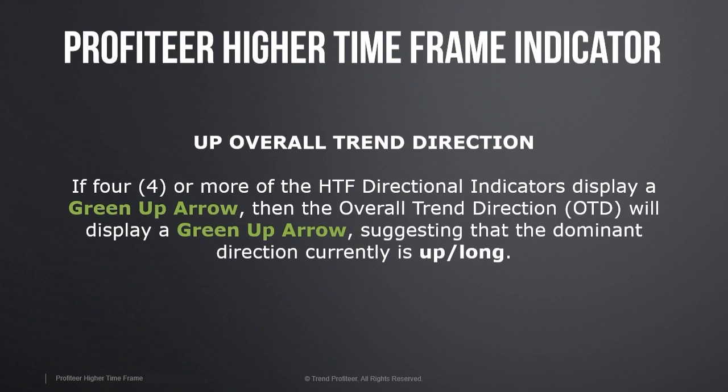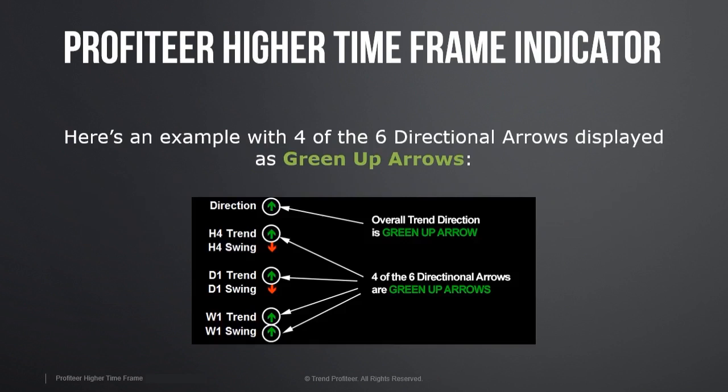If 4 or more of the HTF directional indicators display a green up arrow, then the overall trend direction, OTD, will display a green up arrow, suggesting that the dominant direction currently is up or long. So let's have a look at that. In this case, you can see the overall trend direction is pointing up.